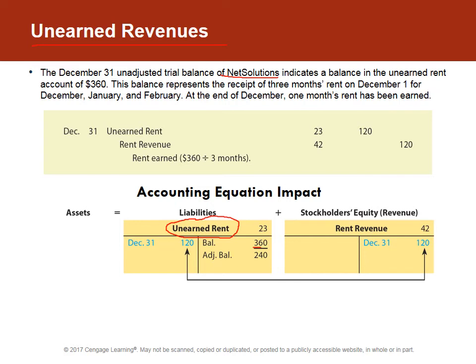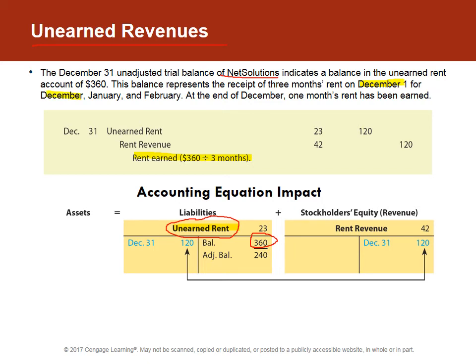It was received and unearned, meaning they got the money before they earned the money, before they earned the revenue. And so because of this situation, and lots of times people say, hey, I want my rent in advance. So because of this unearned rent that was received in advance, we have to record the rent that has finally been earned each month.